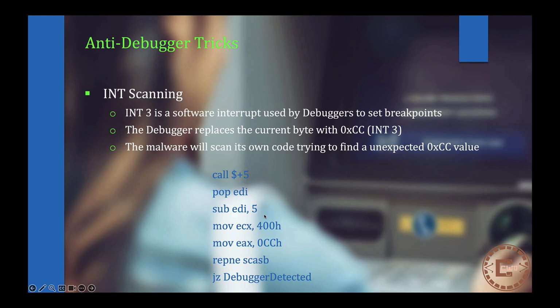In other words, guys, this whole loop is going to start from this instruction all the way through 400 hexadecimal bytes and try to find if there is a CC byte in that section of the program. If there is, it's going to find a debugger. That's actually a pretty cool way for them.